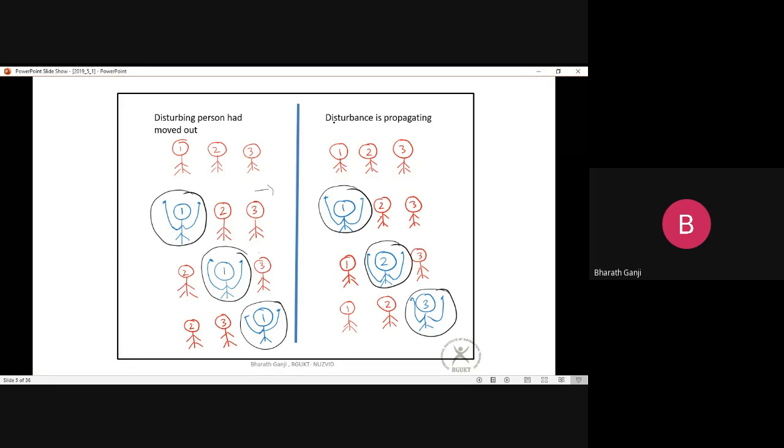In the other case, only the disturbance is moving out, and that is propagating, and this phenomenon is what we call a wave. So in a wave, the object never goes from one place to another. Of course you might ask, sir, boats are moving in the sea, and there are waves, because of that. There, it is not just wave motion, there is also translatory motion in the direction of travel. So that is a different matter, I am not talking about that. But if you think in this scenario, if only the disturbance is propagating, then we usually call it a wave.